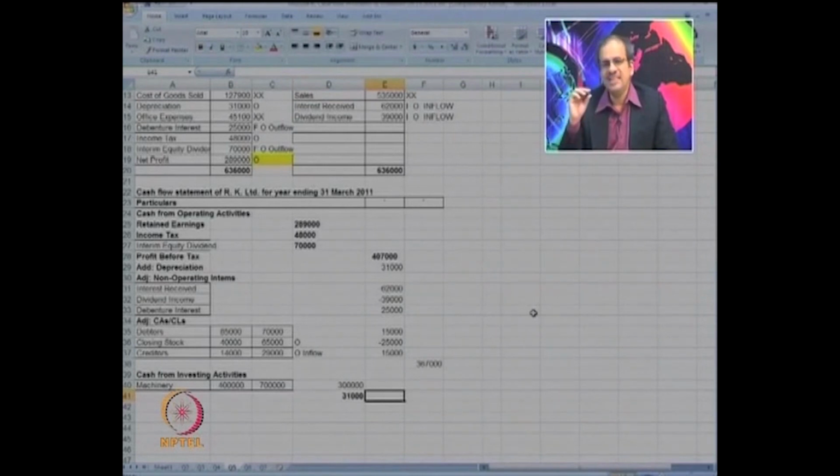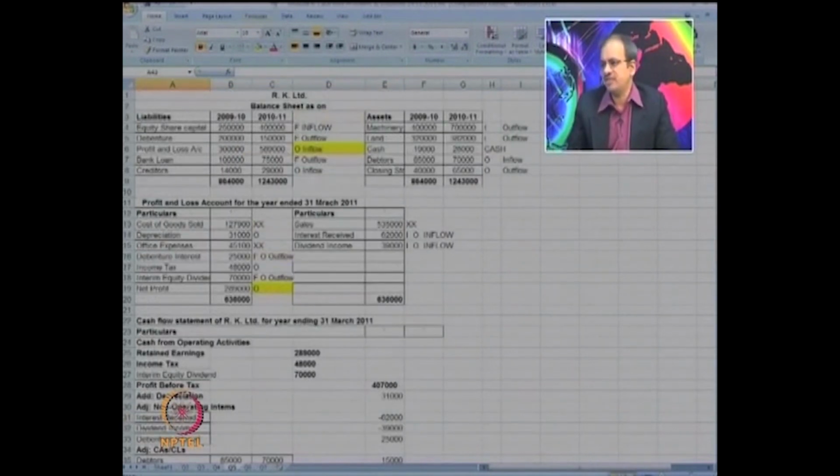So the total increase in the machinery is 3 lakhs 31,000, and this is nothing but an outflow for me. I hope it's clear to you. So what has happened is, we have purchased machinery of 331. Of that, 31 of depreciation goes away. The balance increases by 3 lakhs. So I will record as outflow 3 lakh 31,000.